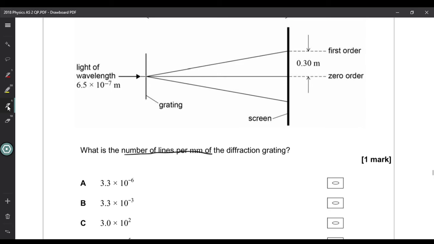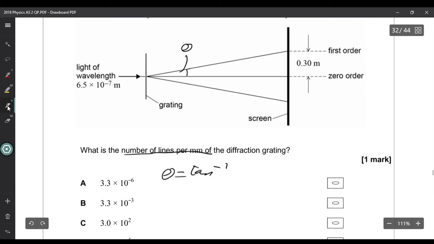Okay, so we know that if this is theta here, then theta is going to be tan minus 1 of the 0.3, which is our opposite, over the 1.5, which is our adjacent, and that comes out to be 11.3 degrees.